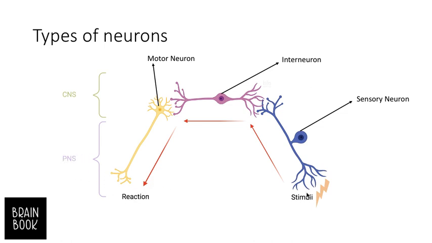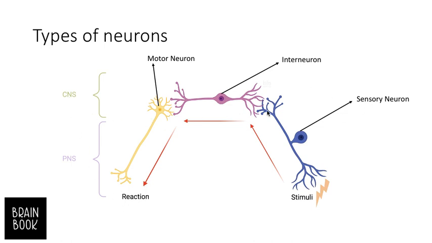And as you can see here, for example, if we put our fingertips on a hot surface, we will sense that our finger is burning. The information goes through the PNS to the CNS. It is processed, and an appropriate reaction will be produced. And then, for example, we will pull back our fingertips to avoid injury.